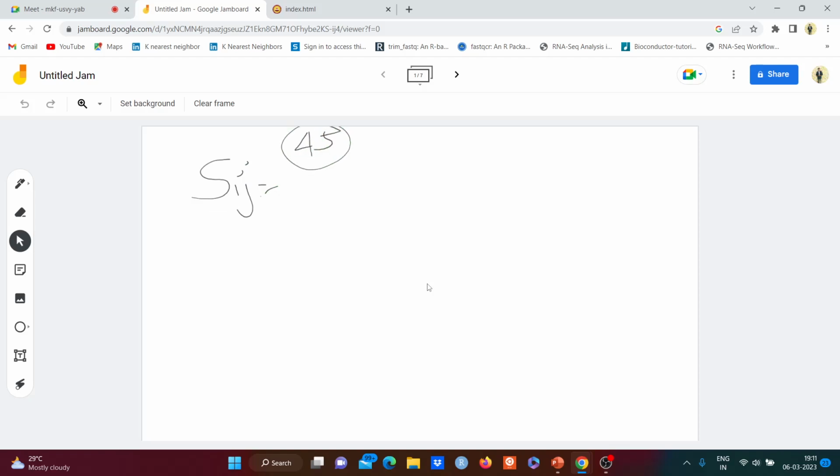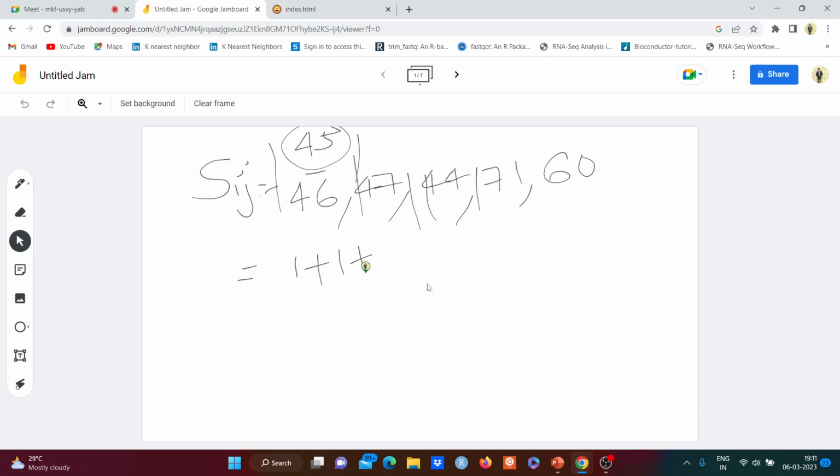The other residues we have are 46, 47, 44, 71 and 60, I feel. Yeah. Now the Sij values will be 45 minus these values, taking absolute values, not regular values. So we get 1 plus 2 in the case of 47.